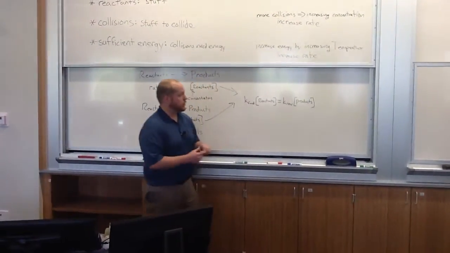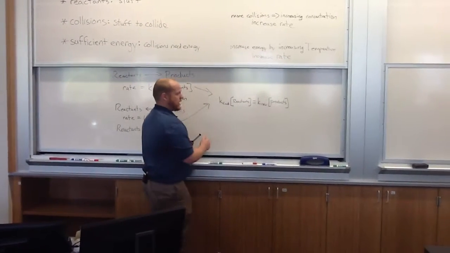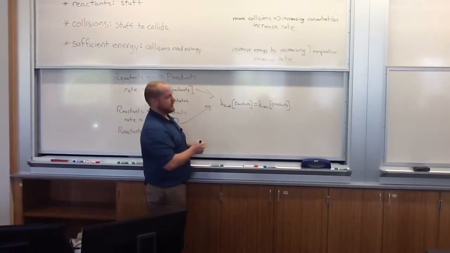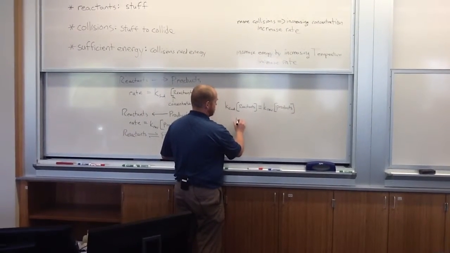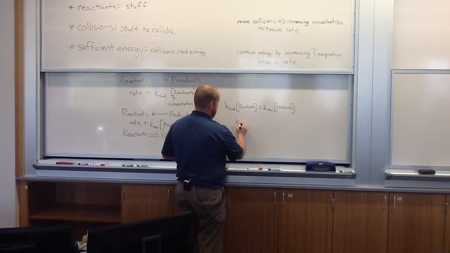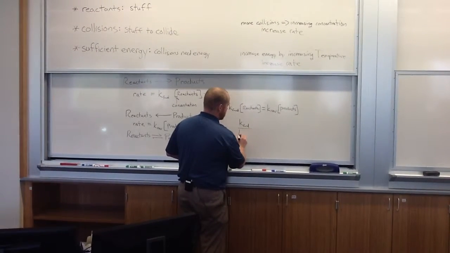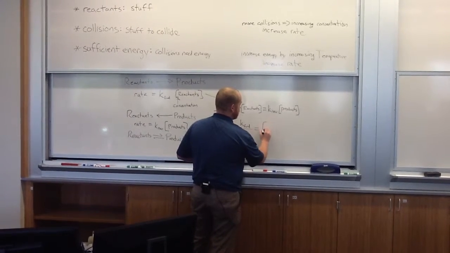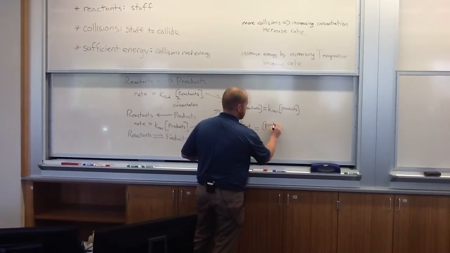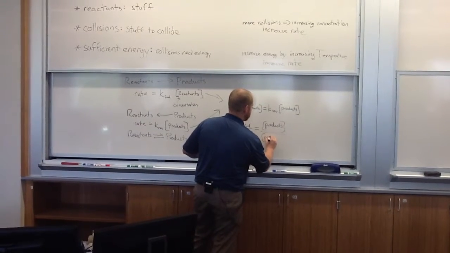And so if we were to reorganize this equation, we could get our rate constants on one side of the equation and our concentrations of products and reactants on the other side. To do that, we just do a little bit of math rearranging. So we'll get K forward divided by K reverse, and that will equal the concentration of our products over the concentration of our reactants.